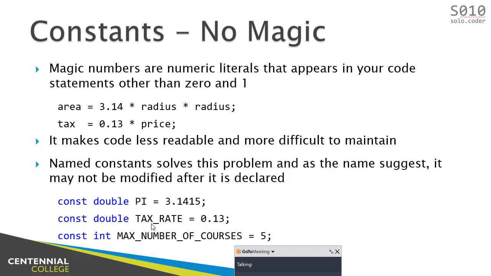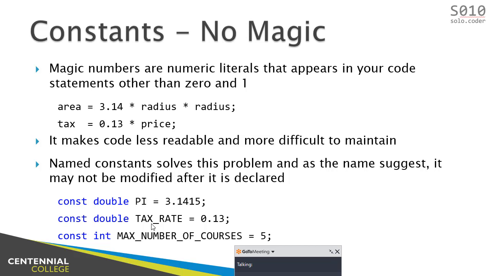We define it in one single place and just reuse the constant tax rate everywhere. If next year they change the HST to another number, we just go to one place and change it there. Everything else in the application will stay the same.